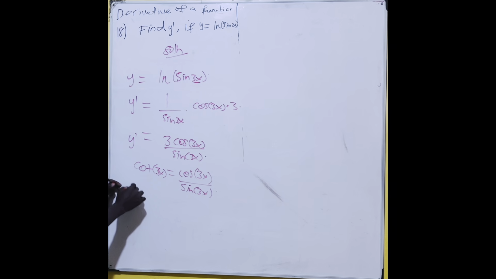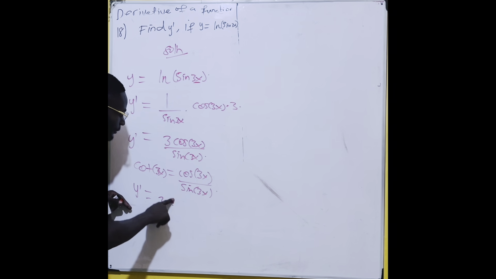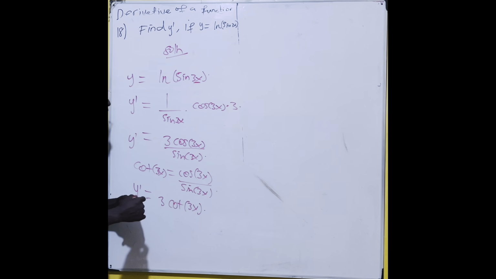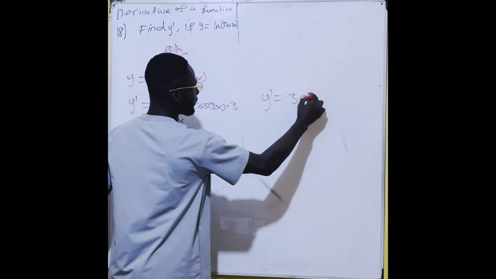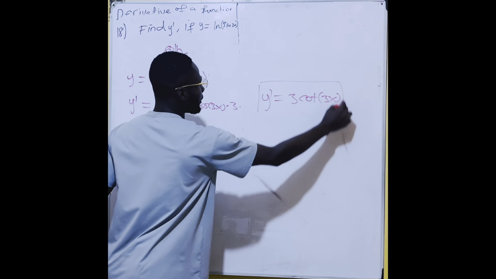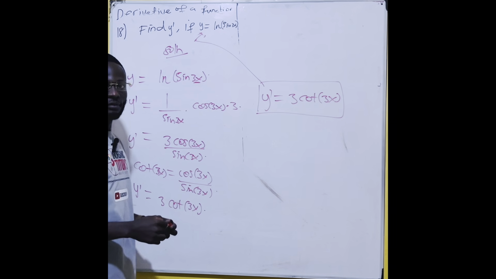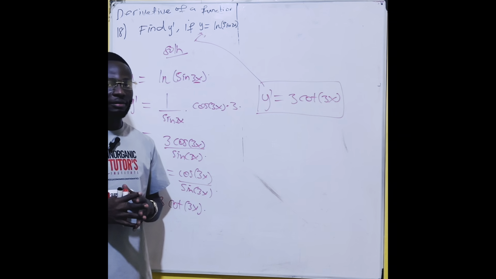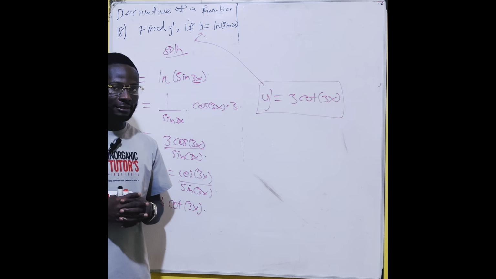So it means that our y prime will be equal to 3 cot 3x. Okay, so we have the first derivative to be 3 cot 3x. So this becomes our first derivative to this particular problem. Very, very easy. You have to follow the procedure and you arrive at the right answer. Now let's move on to question number 19.